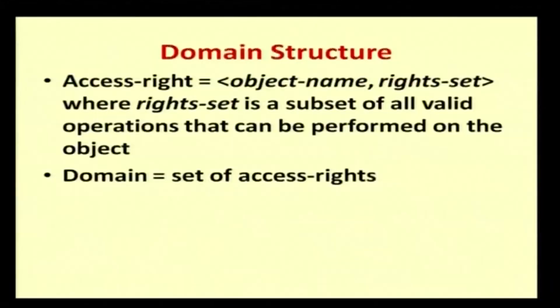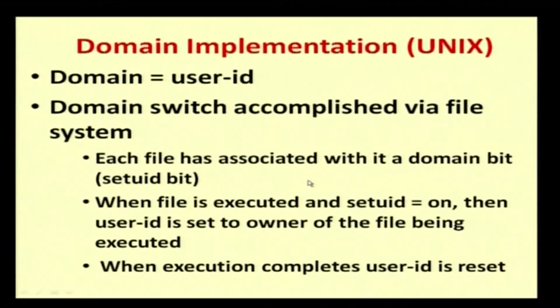Only one system which is kept in common has access to print. So that access right has been denied for your system, whereas the access right has been given to the other system which is able to communicate with the printer device. So that is a domain structure. And the other thing is, a domain is said to have a set of access rights.